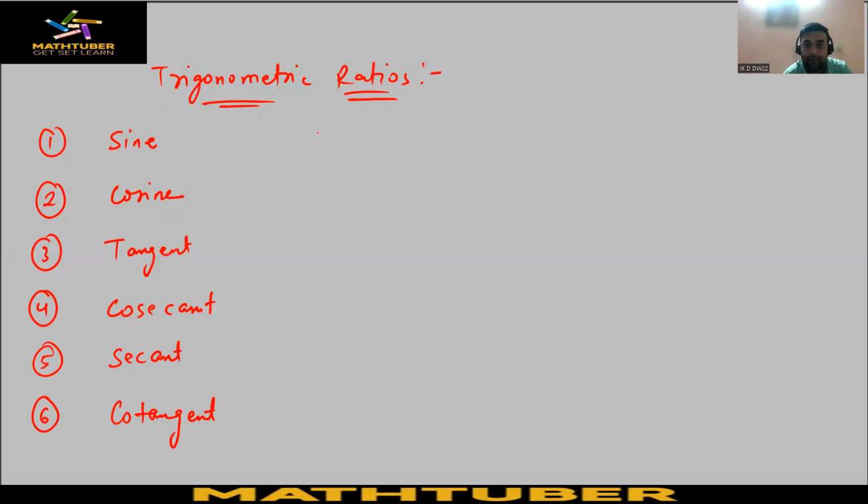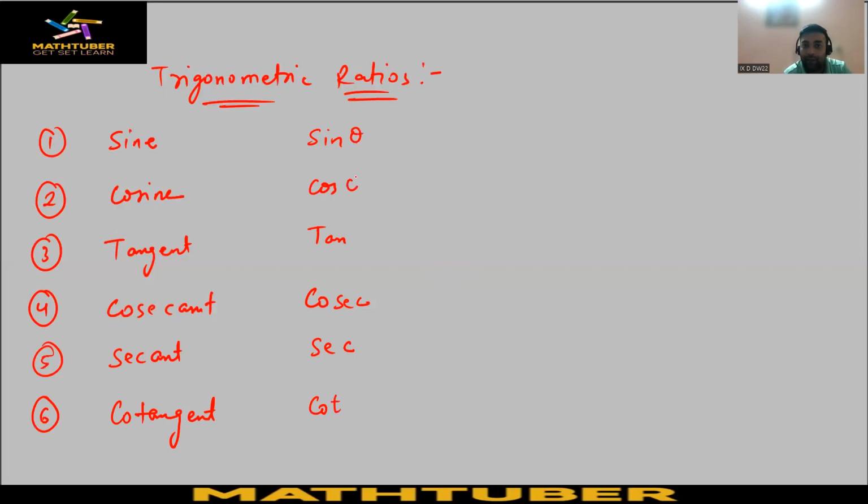Now, the short form of sine is sin, cosine can be written as cos, tangent can be written as tan, cosecant can be written as cosec, secant can be written as sec, and cotangent can be written as cot.